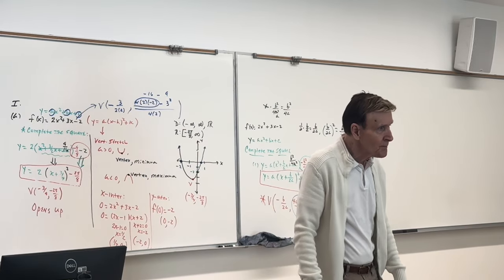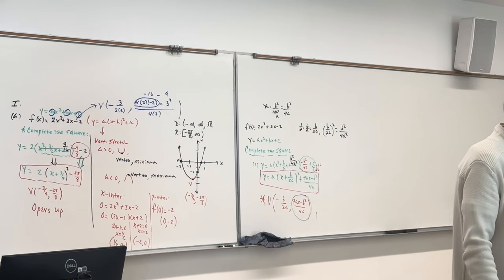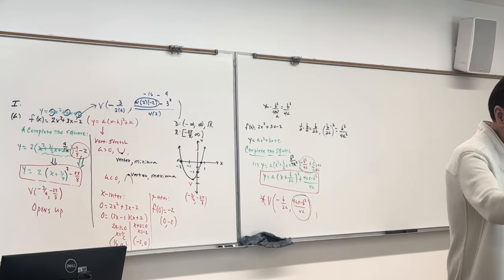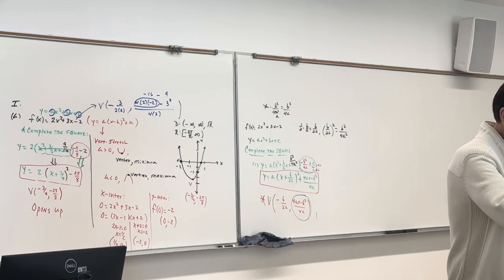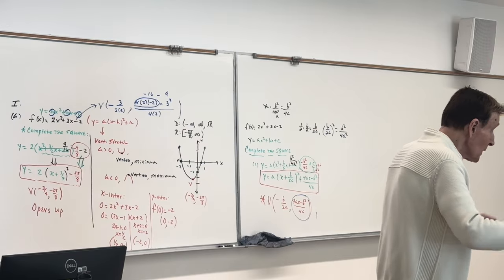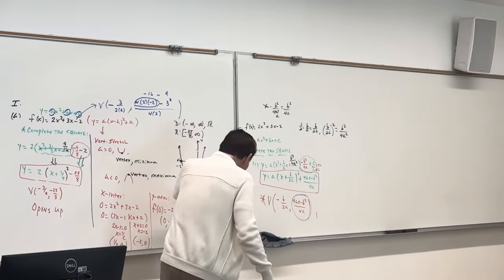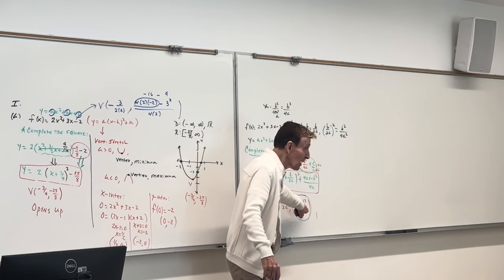Something easier. Now, if you guys like formulas, go for it. That 4ac minus b squared over 4a is always going to work. Some students love formulas. Just memorize your formula. But can anyone tell me another clever way to get that right there and maybe not use this, even though it always works?